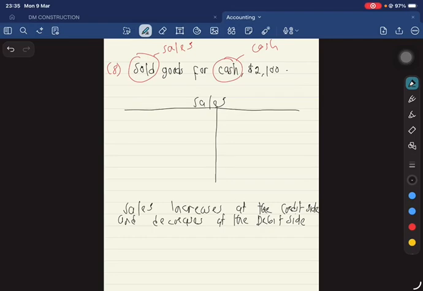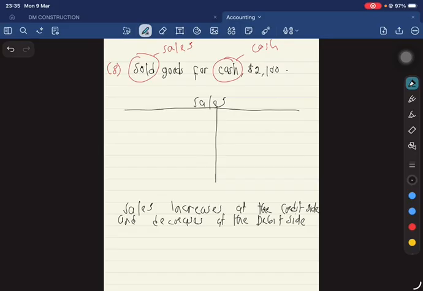So let's look at the effect this transaction has on sales. Sold goods for cash, $2,100. So what happened? The sales of the business has increased.